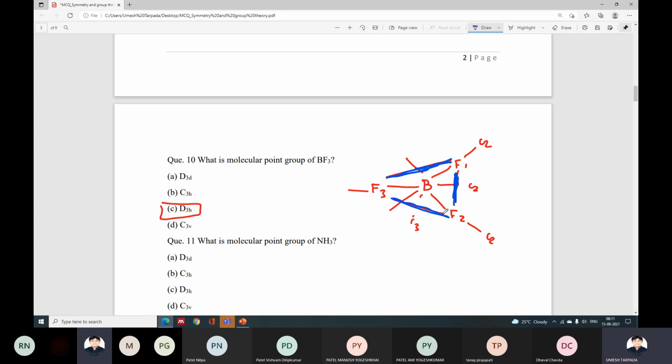So C3 is perpendicular to 3C2, the symbol used is D3, and it has sigma h. So the point group becomes D3h.